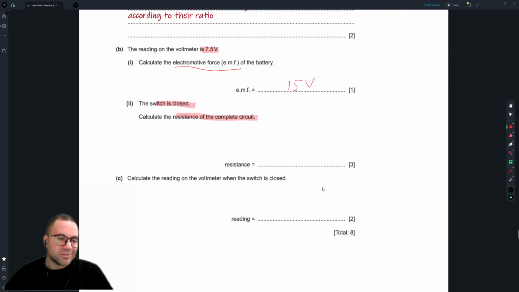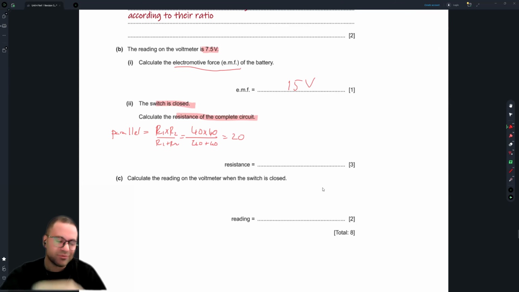So let's go. The parallel version first, it's product over sum, R1 times R2 over R1 plus R2, which is 40 times 40 over 40 plus 40. This will give me 20. And this is something you can memorize, by the way. If you have two resistors in parallel and they have the same value, their combined resistance is half of them.